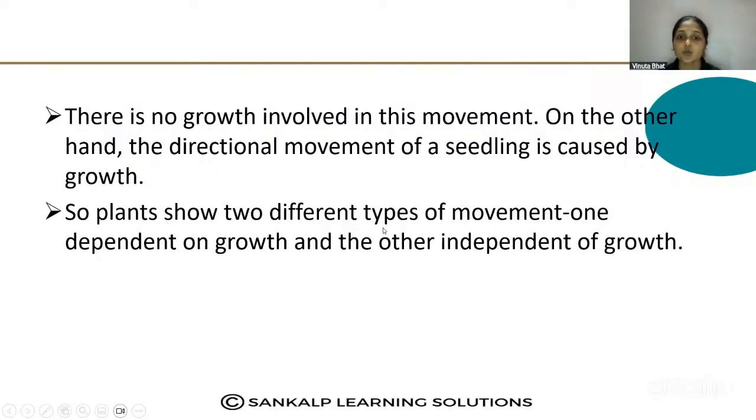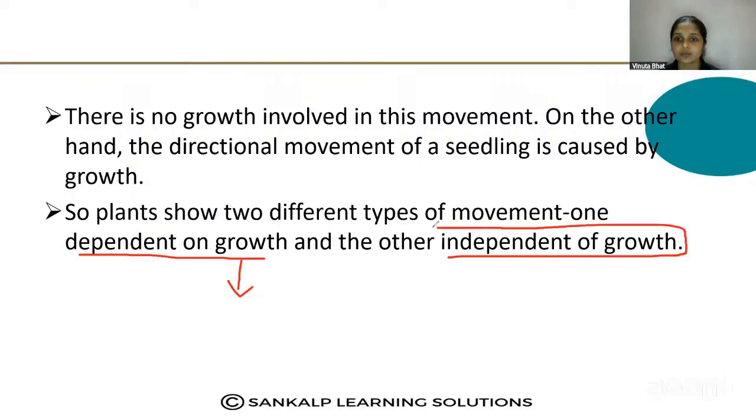So plants show two different types of movement, one dependent on growth and the other independent of growth. The movement dependent on growth is, for example, the growth of seedling stems, and the other is independent of growth. These are the two types of movements that we can observe.